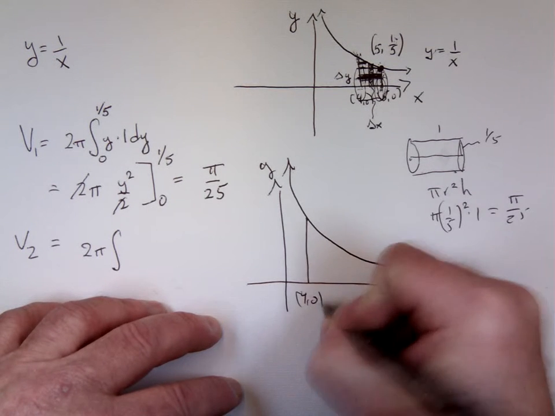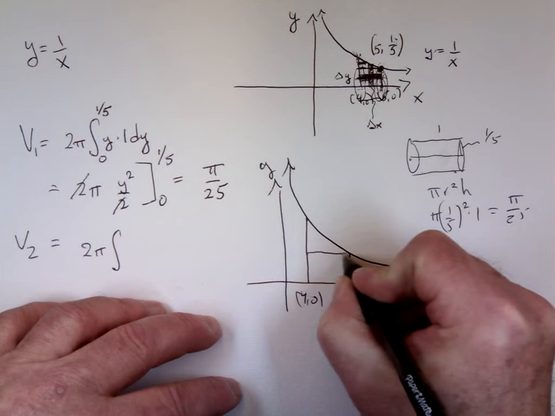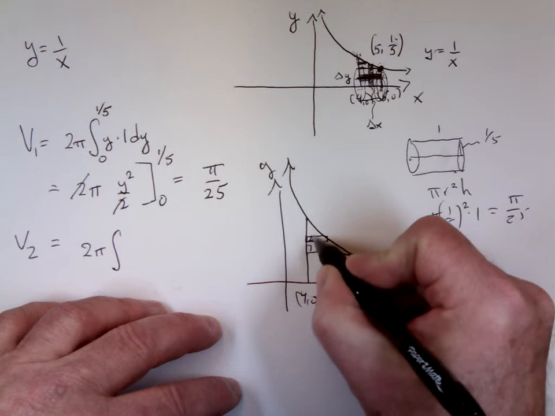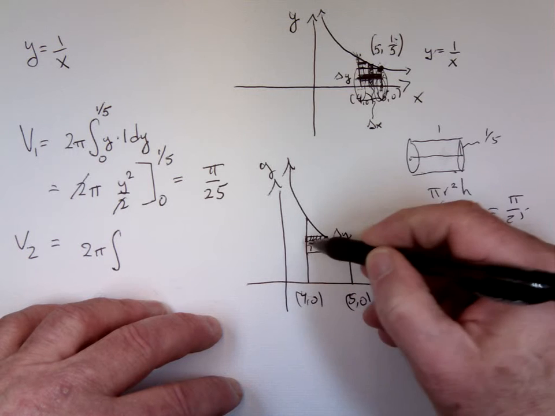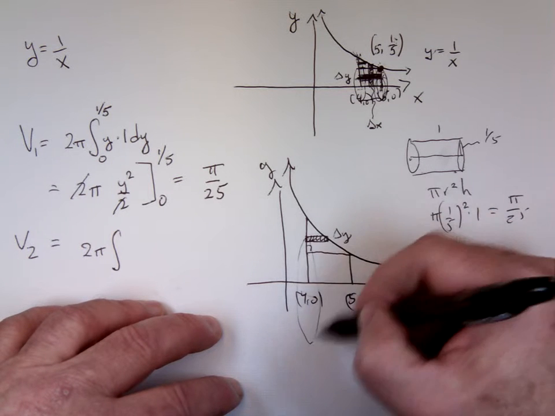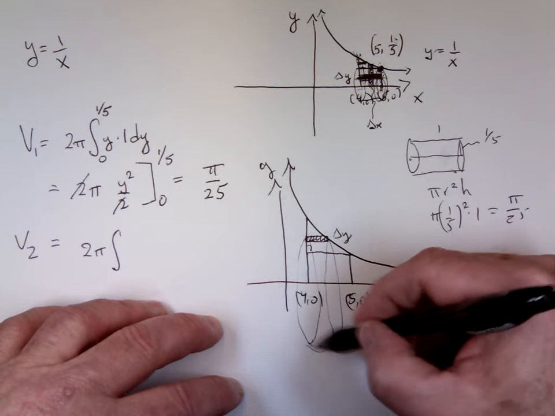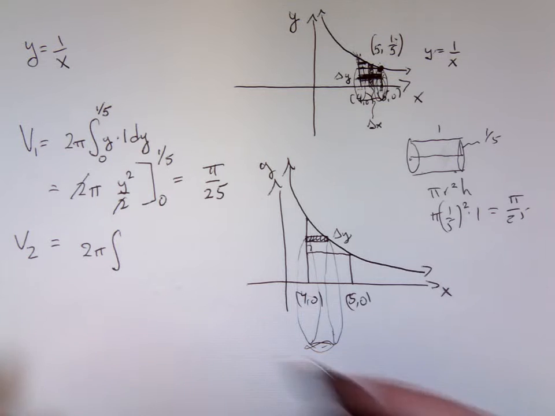Let's see, that's 4. This is 5. So this is the part that we want now, right up here, as this part goes whipping around the x-axis.